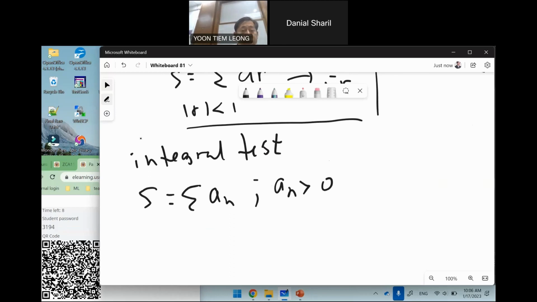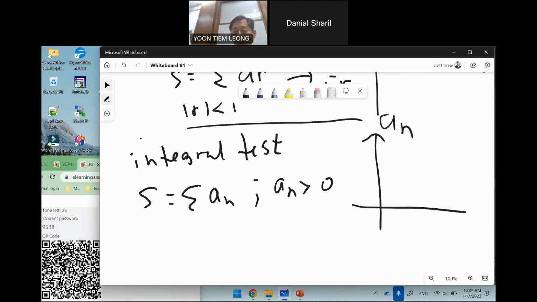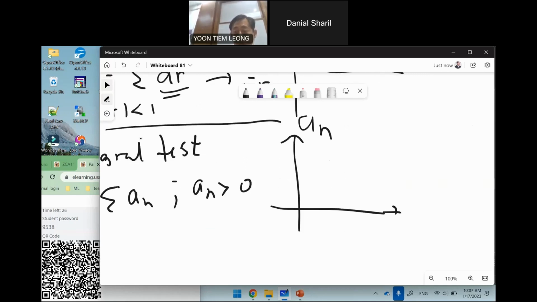The other condition is on the terms of the series. You can imagine that a series is formed from a sequence. If you plot the sequence onto an x and y axis, then when n grows, the sequence should generally become smaller and smaller in magnitude. This is a very specific type of sequence.